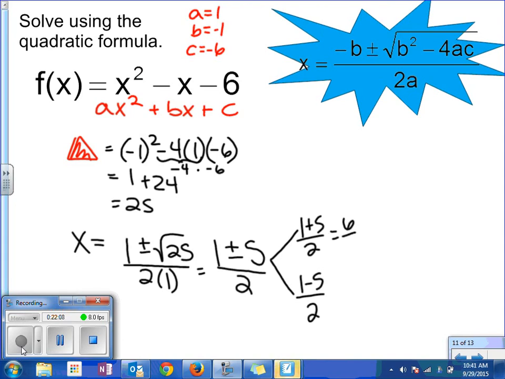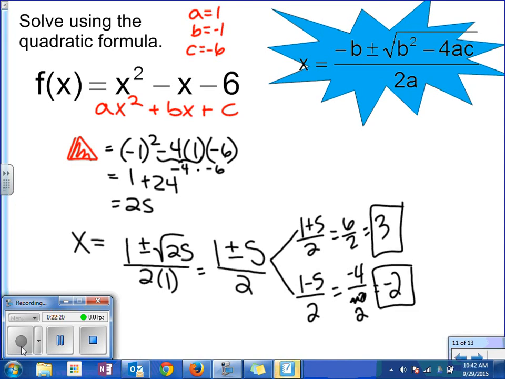And so that gets me 6 over 2, which is 3, and negative 4 over 2, which is negative 2. So my answers for this are positive 3 and negative 2. And those answers look a lot nicer than 1 plus or minus 5 over 2, right? So we want to actually simplify them.